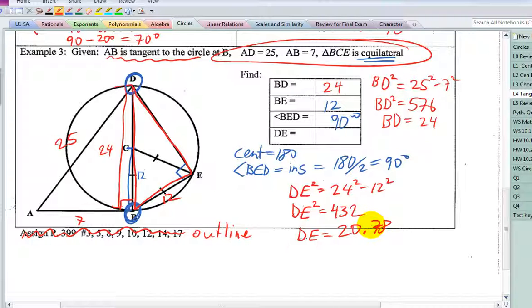Round to the nearest tenth, please. 20.8, is that correct? Okay, so you have the hypotenuse, which means you have to subtract. Don't make anything larger than the hypotenuse ever. It's the largest side. Okay, any questions?